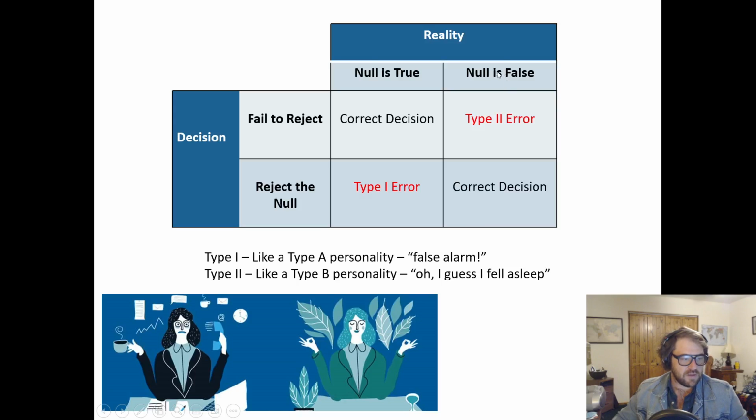Type 2 error is the null is false, which means that the person is guilty. The assumption is the null hypothesis is innocent. So the null is false, which means guilty. And then you fail to reject, which means the guilty person has gone free.